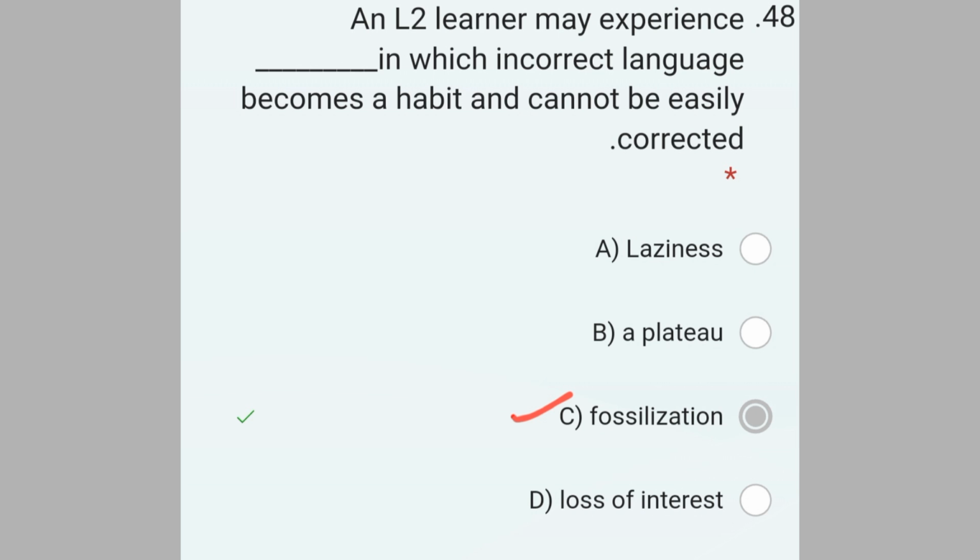An L2 learner may experience ___, in which incorrect language becomes a habit and cannot be easily corrected. A. Laziness. B. A plateau. C. Fossilization. D. Loss of interest.